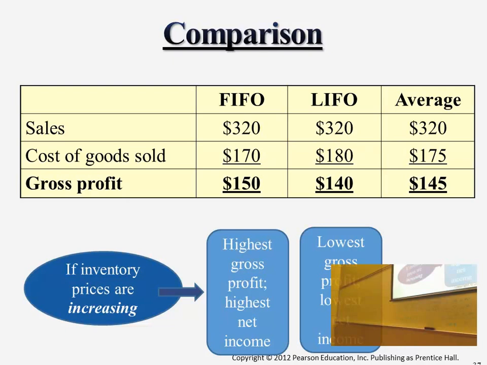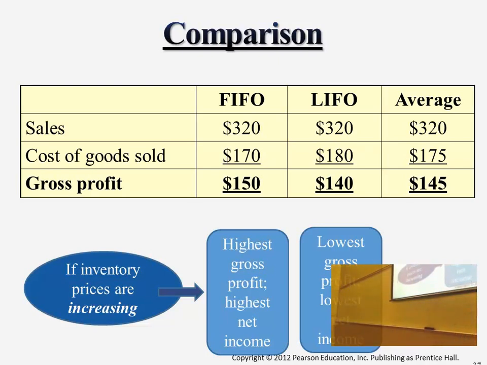So there are some of the advantages that lead corporations sometimes to want to use a specific type of method. All three methods are allowed under GAAP, generally accepted accounting principles. Okay, but the advantage for using FIFO is that you seem to have higher gross profits shown on the statements. Okay, so this could likely attract more investors. You may have better borrowing terms if you want to borrow money from creditors.